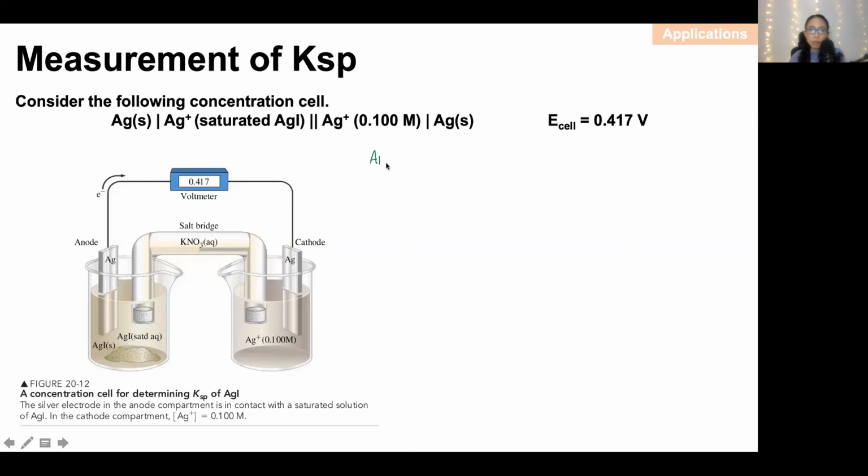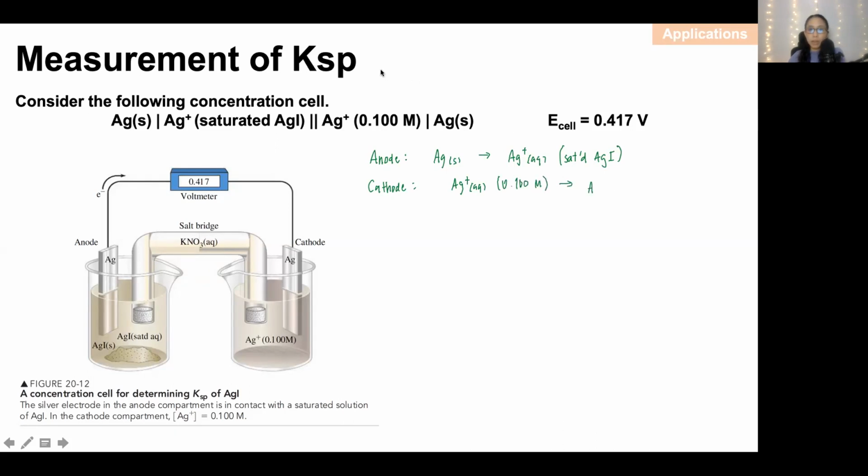Ang nasa anode natin ay silver solid, and then you have silver ions. And this is part of your saturated silver iodide solution. And then in the cathode, you have silver ions with a certain concentration, such as 0.1 molar.